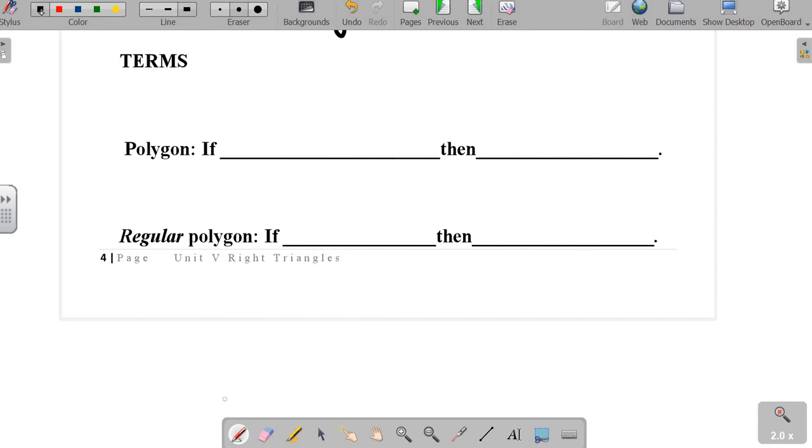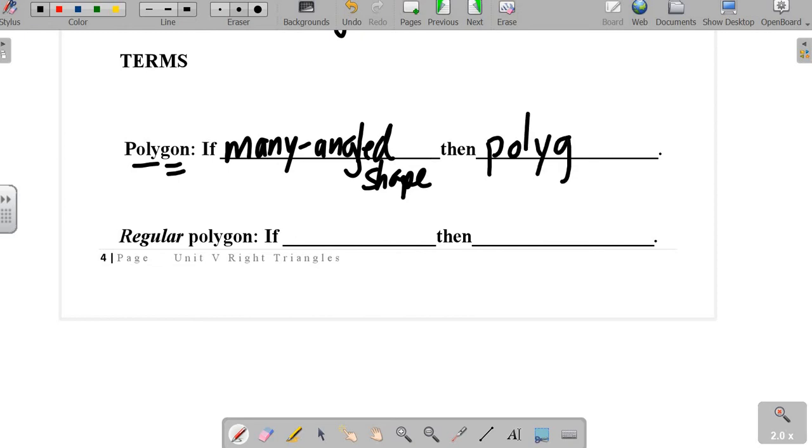So the definition of a polygon: poly means many, gon means angled. If you have a many-angled shape, then you have a polygon.